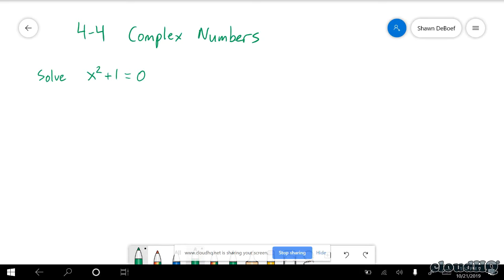So then we factored it. Well, what two numbers would I use here? What two numbers multiply to 1 and add to 0?